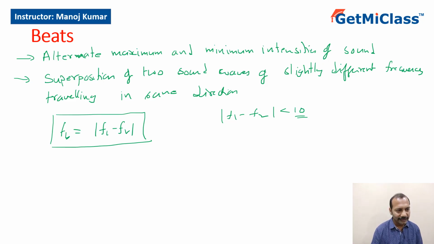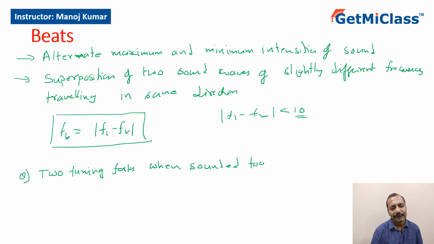Let's say I have a question like: two tuning forks, when sounded together, produce 4 beats per second.